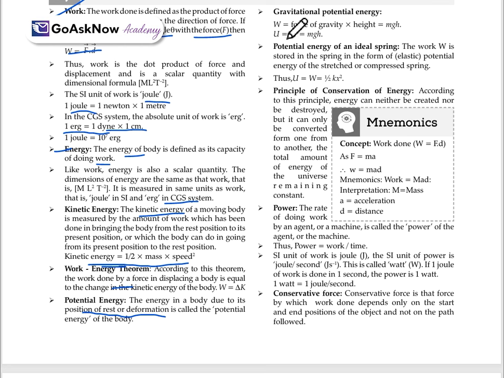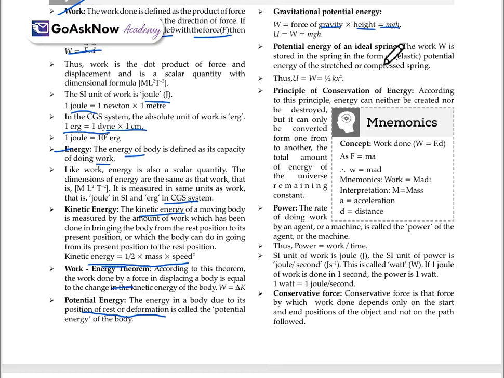Gravitational potential energy: W is equal to force of gravity times height, which is equal to mgh. So U is equal to W, and W is equal to mgh. This is the gravitational potential energy.